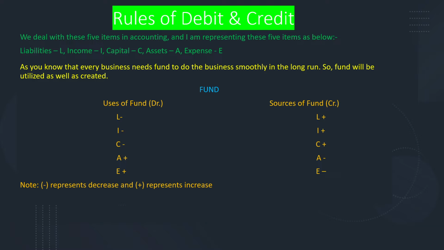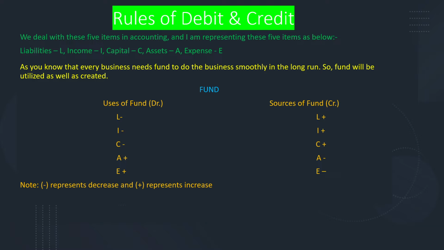As you can see in my videos, when the liabilities are decreased, my fund will be used. When the income is decreased, then my fund will be utilized. When the capital is decreased, then my fund will be used. Uses, not decreased, it is uses.